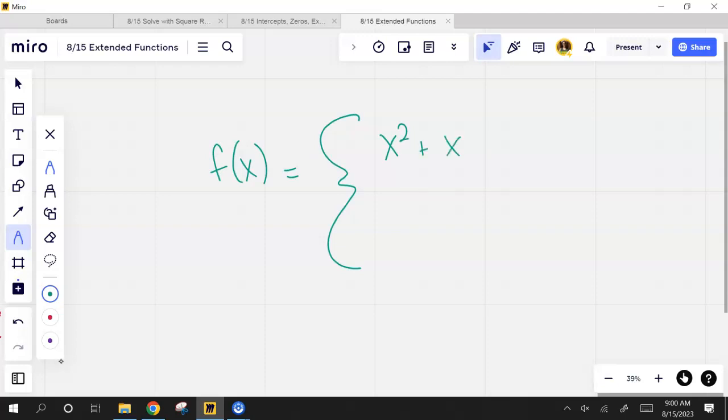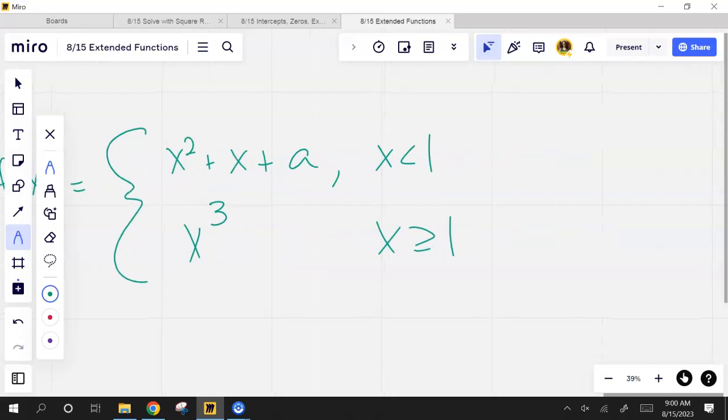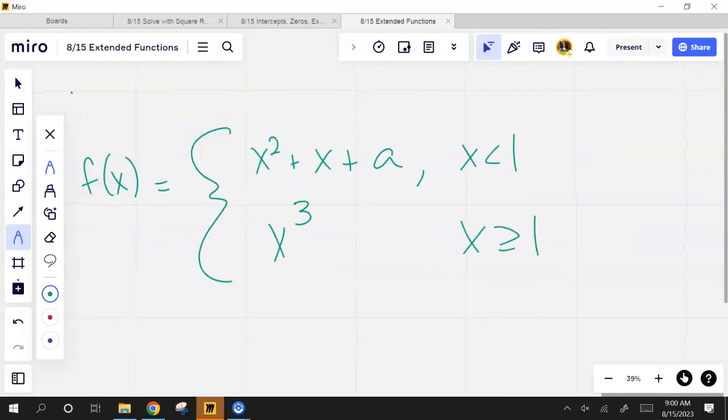This is not with intermediate value theorem just yet, but this is with continuity. This all goes together. Find a value of a that makes the function continuous. I have seen this one on multiple choice many times.